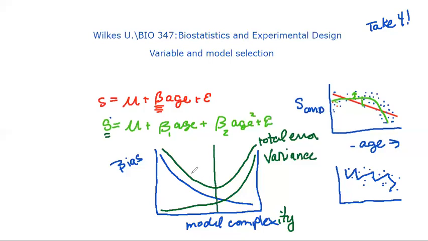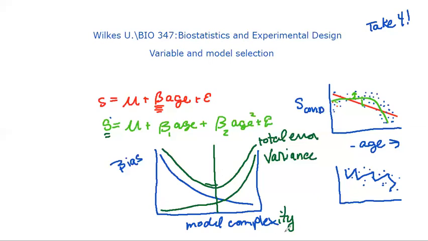Every variable will alter the shape. These are heuristic curves, they don't actually look like this. They can take on slightly different forms. But what we're looking for is to reduce the total error. This would be the most parsimonious model.